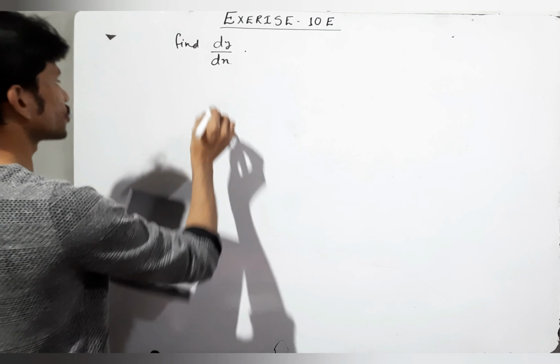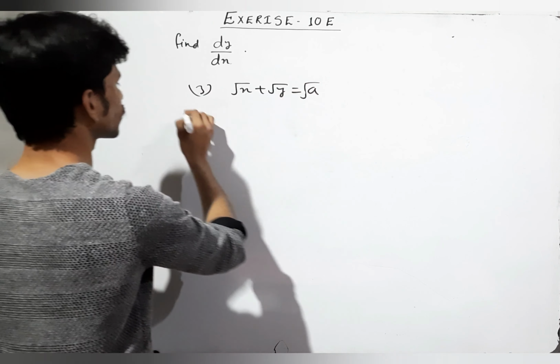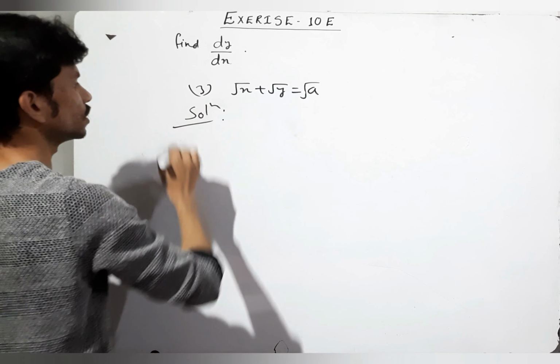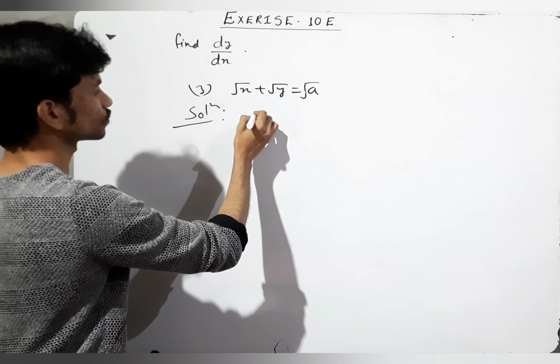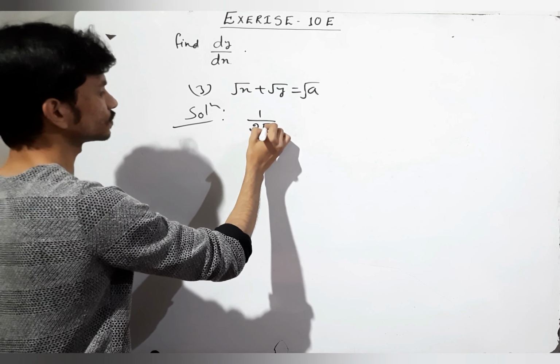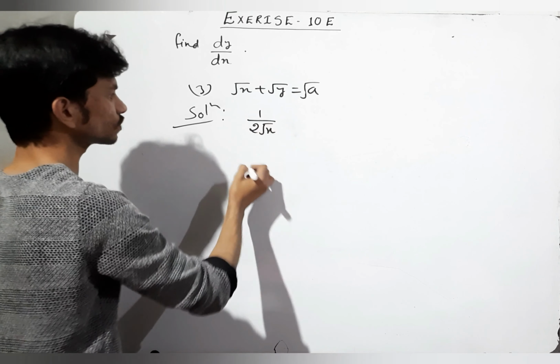Question number 3 says square root of x plus square root of y equals square root of a. So the differentiation of root x equals 1 over 2 root x, plus the differentiation of root y is 1 upon 2 root y, and y becomes dy over dx, equals 0 because a is constant.